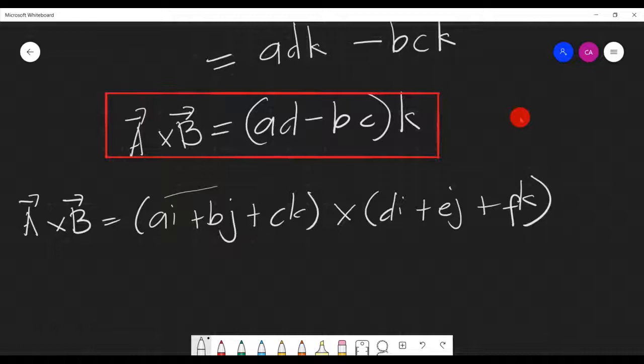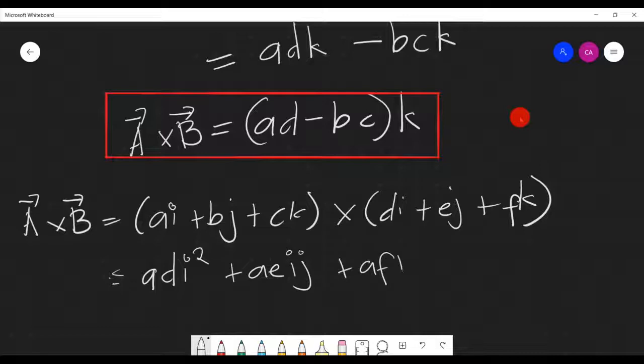So this is the vector of B. Ngayon, pag pinag-cross multiply natin, magiging AD i squared, okay, yun yung simula natin, AD i squared plus AE ij, the next AF ik.